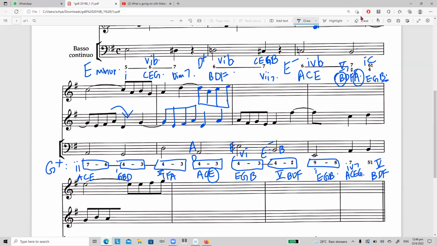This is E. E count 4 step is A. So this is a 4/3 suspension, and it needs to be tied from a previous bar. That's why I make the A to be here, because I want to tie to this suspension.